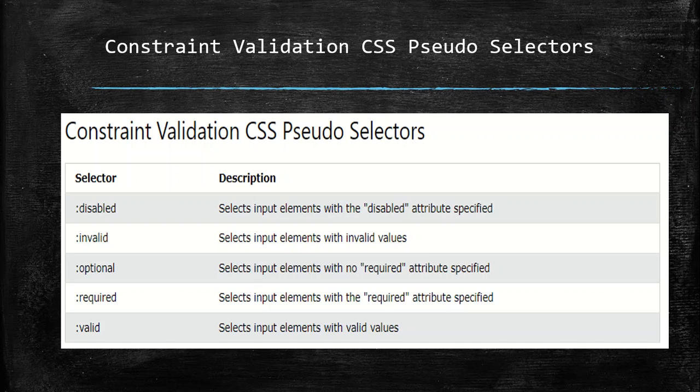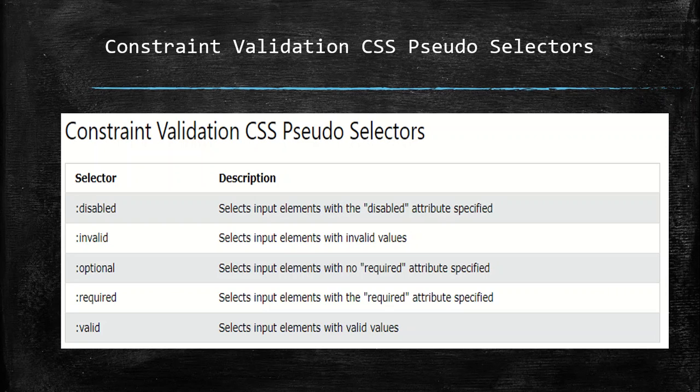With the constraint validation CSS selectors, here are the many selectors from CSS. First, disabled selects input elements with the disabled attribute specified. Invalid selects input elements with invalid values.